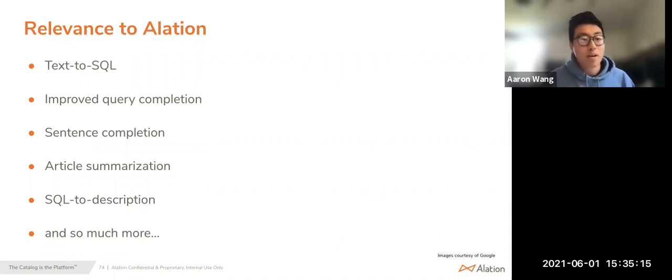And then many other things like sentence completion, and article summarization, taking large articles, encoding them and decoding them into very small sequences and putting a limit on that sequence, and so many more as well. And so with that, yeah, thank you. I think I'll pass it off to Ian for maybe a little discussion.